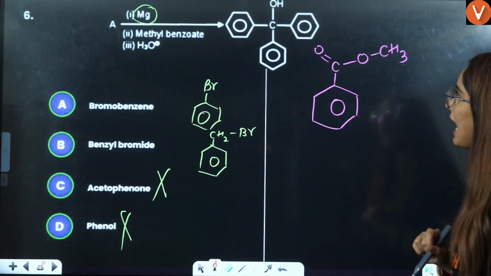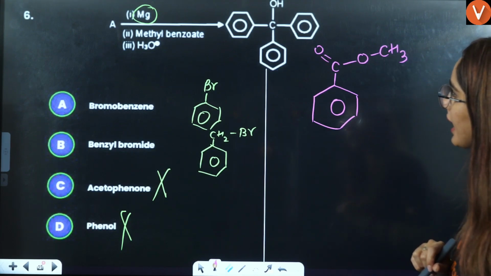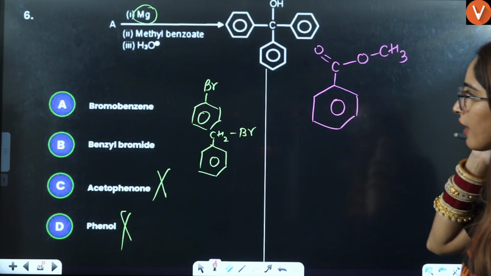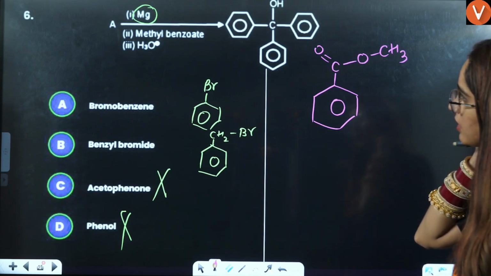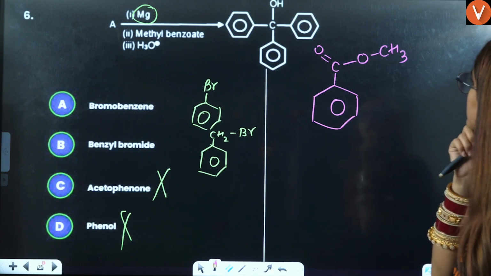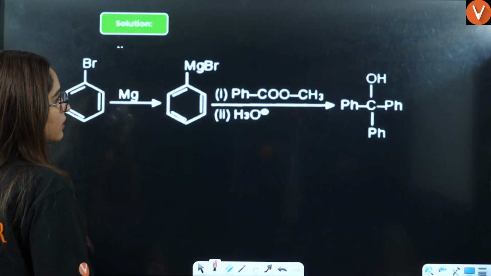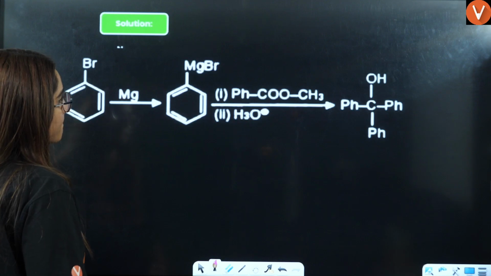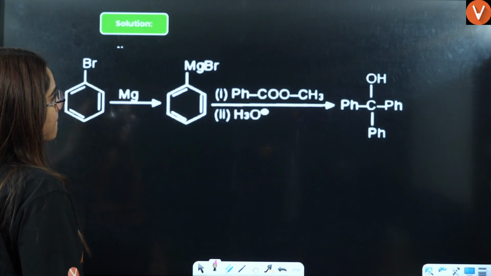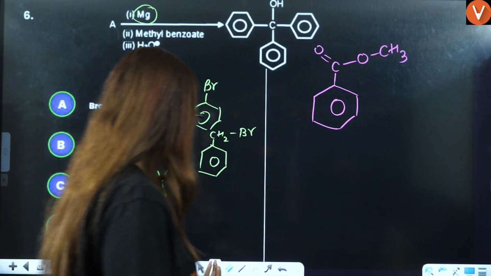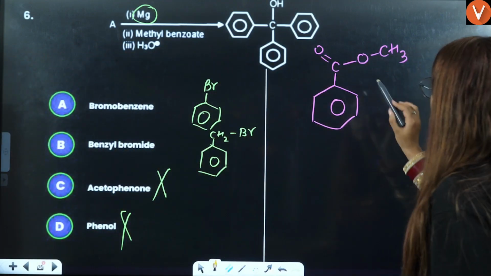As you can see here, methyl benzoate, then you hydrolyze it. You need to have 3 benzenes, right? So, methyl benzoate. Let's try it. I think it should not be like that. But let's see.